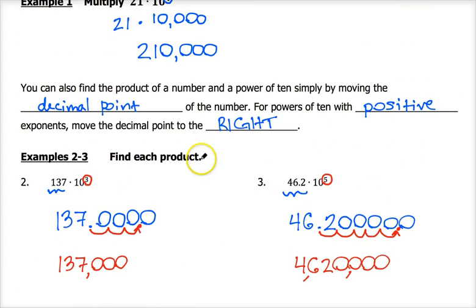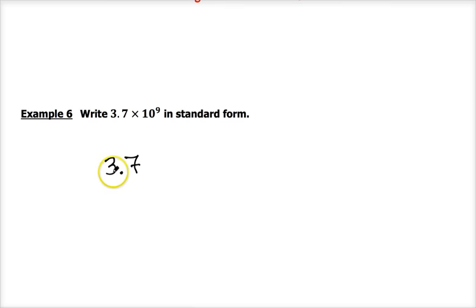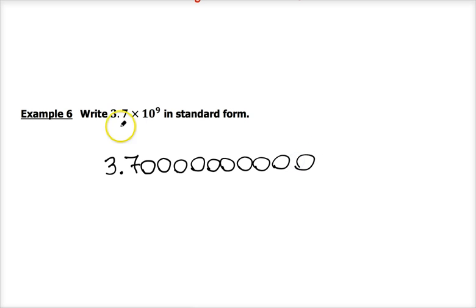We're going to start out with our decimal, 3.7, and we're going to think of this as having all of these zeros after the 7. We want to get a large number here. So we're going to move this decimal point to the right 9 places because our exponent here is 9. So this is going to be 1, 2, 3, 4, 5, 6, 7, 8, 9.